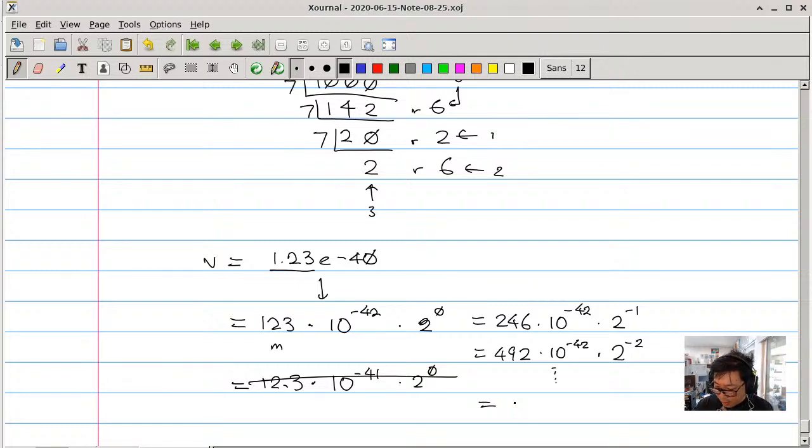So at some point, this is going to be a huge number here. The power of 10 is still to the power of negative 42, but then the 2 is going to be to the power of, because each time I left shift, I have to decrement the exponent of 2 by 1, which relates to the lab that we just did yesterday.